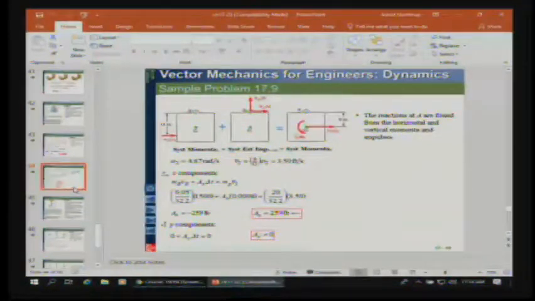It's kind of surprising to me that that A sub Y component is equal to 0. I don't really know how realistic that is, but that's definitely, with the conditions in this problem, true. We're not really taking into account the weight of that plate.